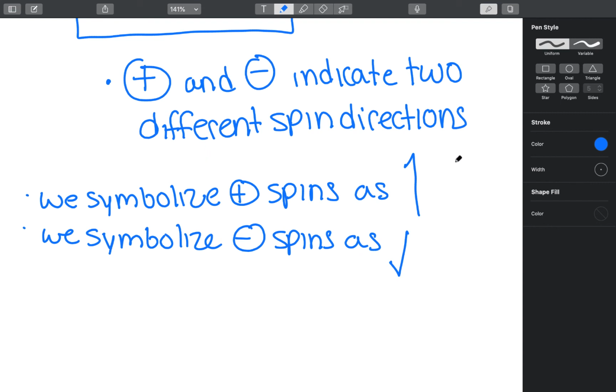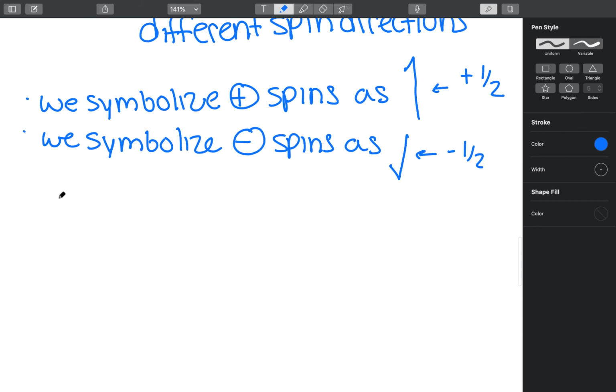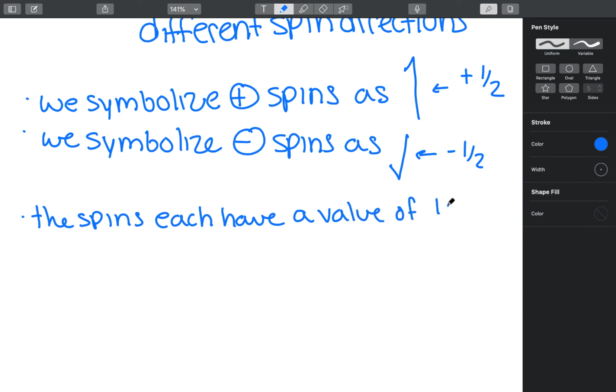So this upwards arrow corresponds to the plus 1/2 spin, and this downwards pointing arrow corresponds to the minus 1/2 spin.